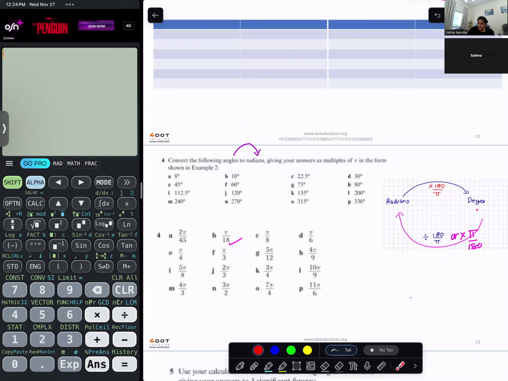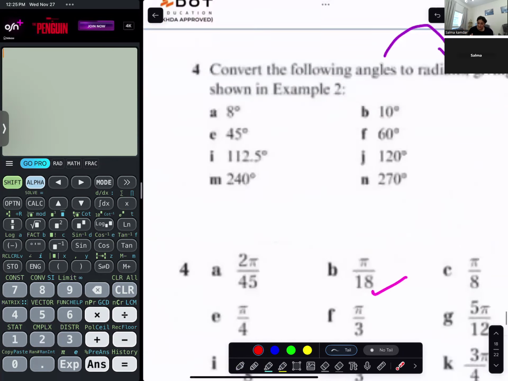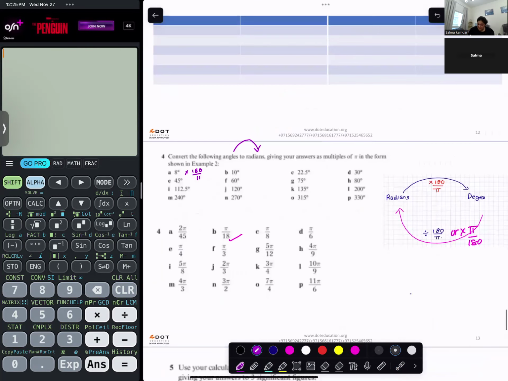You're converting the degree to radians. You have to simply divide it by 180 by pi or multiply it by pi over 180. They want your answer to be in pi. Since they want your answer to be in pi, I'm going to multiply it by pi over 180.